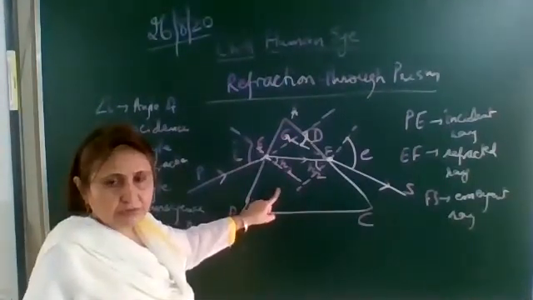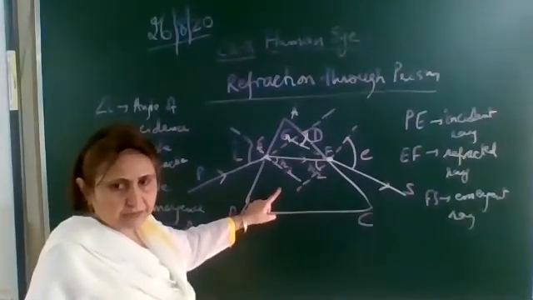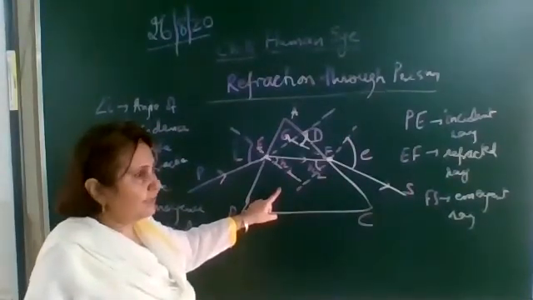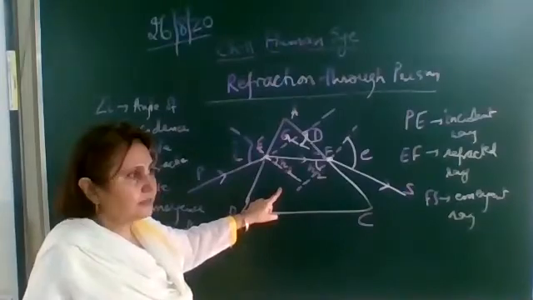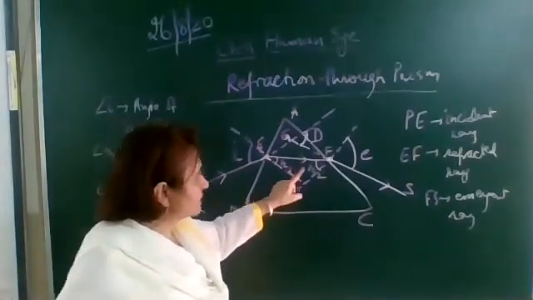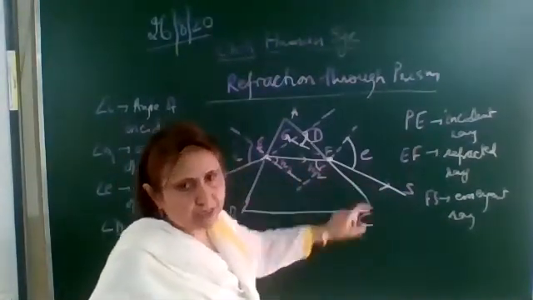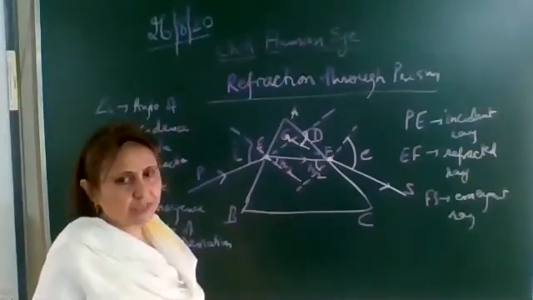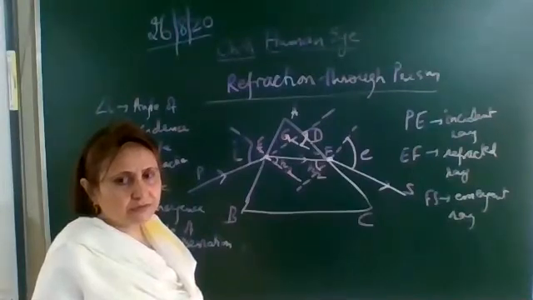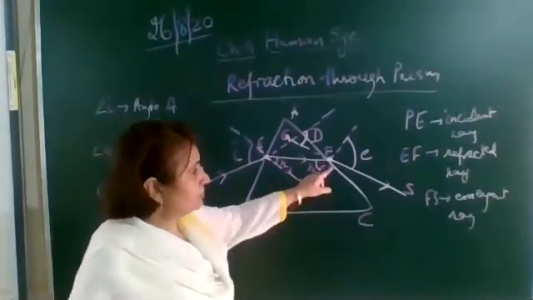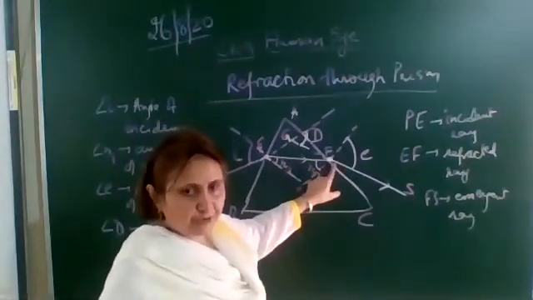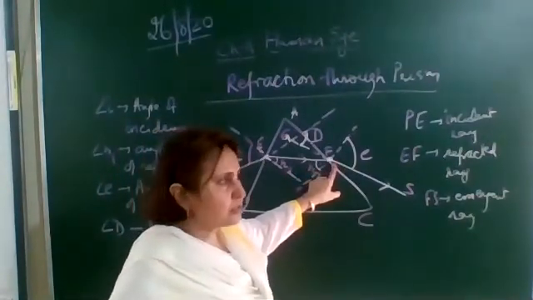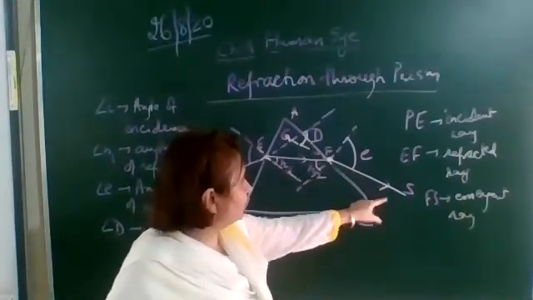Write down: the refracted ray now passes from glass to air, so it bends away from the normal.